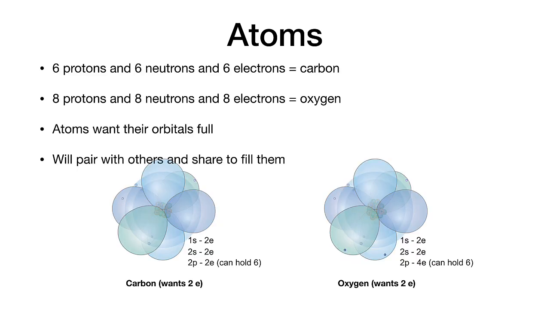To look at some more examples, if you have 6 protons and 6 neutrons and 6 electrons, that makes a carbon atom, and it will fill the 1s shell here in the center with 2 electrons, the 2s shell with another 2 electrons, and then it will put 1 electron each in the p orbitals.